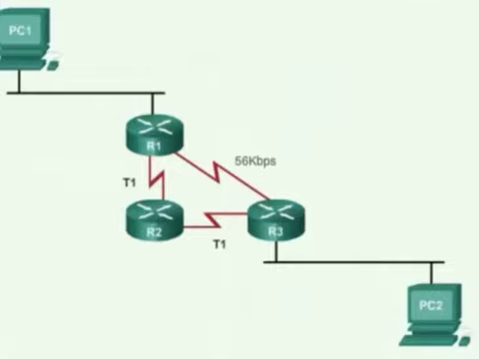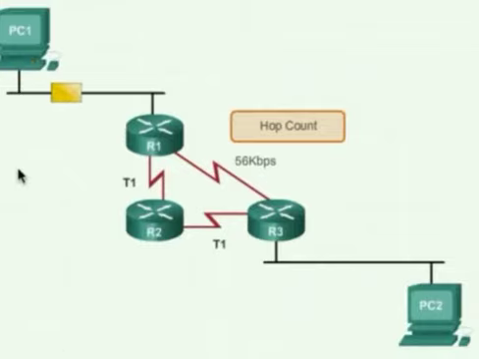For example, we have some protocols like the Routing Information Protocol, which uses a hop count. It means the number of times that a packet goes through router 1 and router 3 and then goes to PC2.